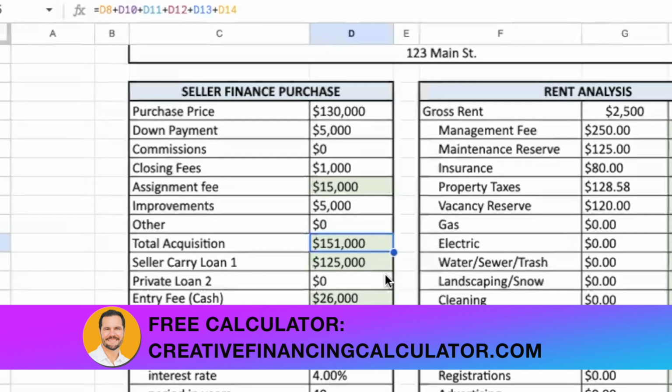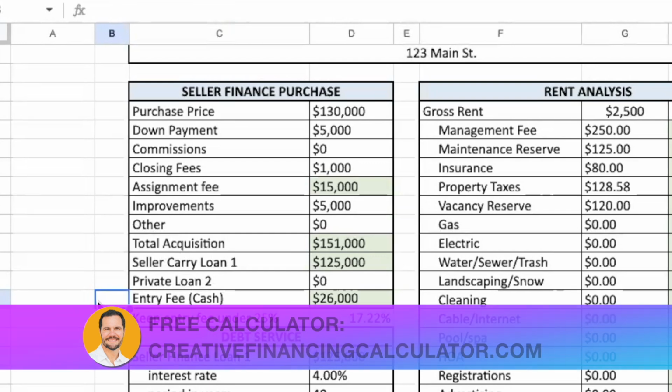The reason I'm bringing that up is because all of a sudden we shift our mindset from everything's about ARV, everything's about value, to that doesn't matter anymore. It's all about the terms. What are the terms? And that's where this is a game changer, because you could wholesale this deal for $15,000 and they're paying 20 grand over value and you still wholesale it for 15 grand. No, that's good. Because of the terms.